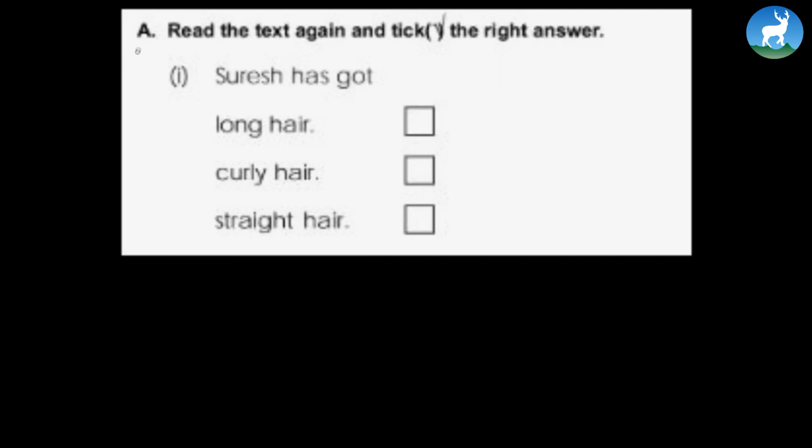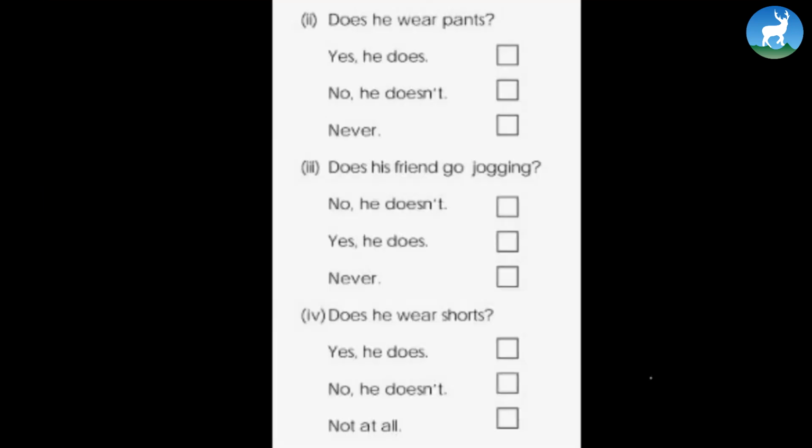Now this is the first question. Read the text again and choose the right answer. Suresh has got, of course, curly hair, and it's a very easy question. Let's move on to another question. As you can see, there are some more questions. Does he wear pants? Yes, he does, because he doesn't like wearing shorts. There's another question also. Does his friend go jogging?